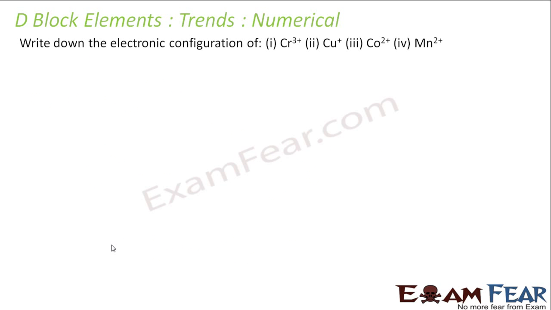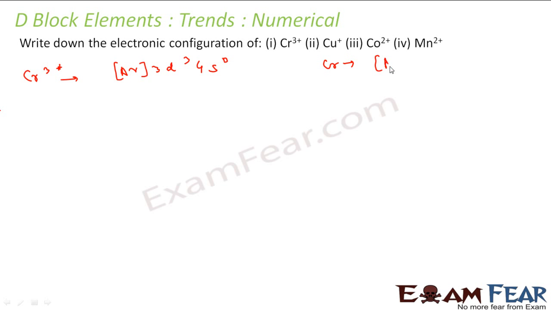Write the electronic configuration of Cr3+, Cu+, Co2+, Mn2+. Let's write the electronic configuration of Cr3+. Cr is chromium. The chromium electronic configuration is Ar 3d5 4s1.